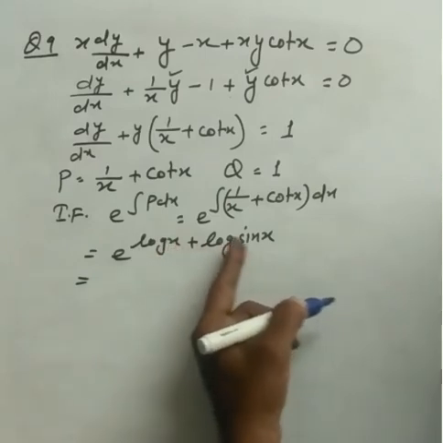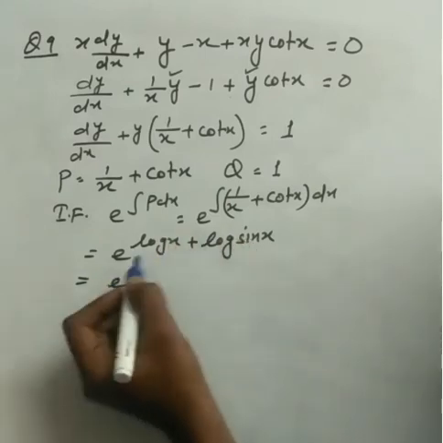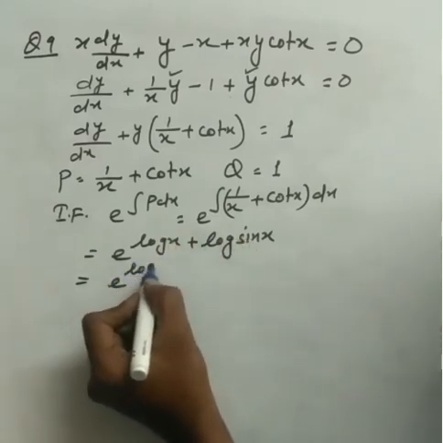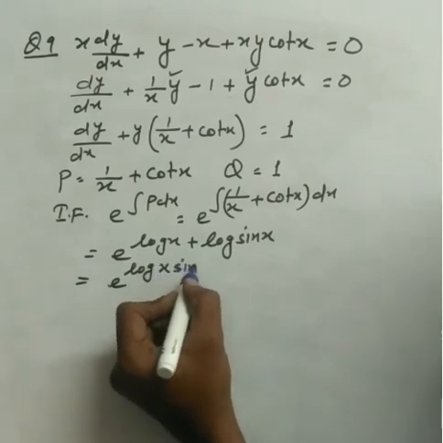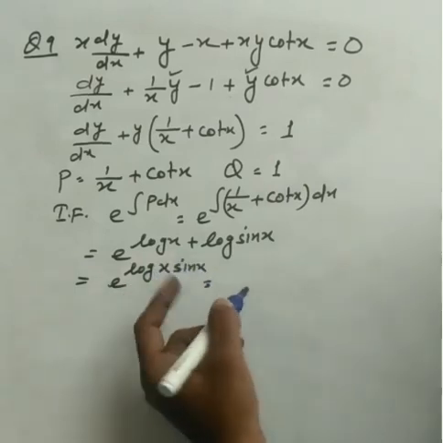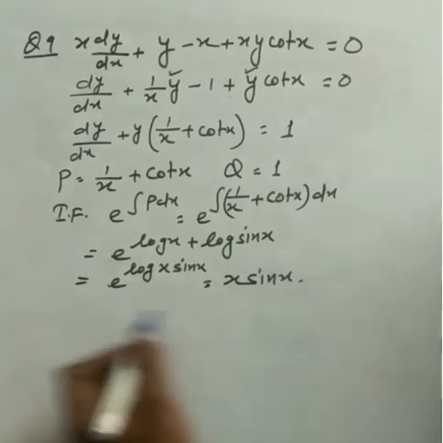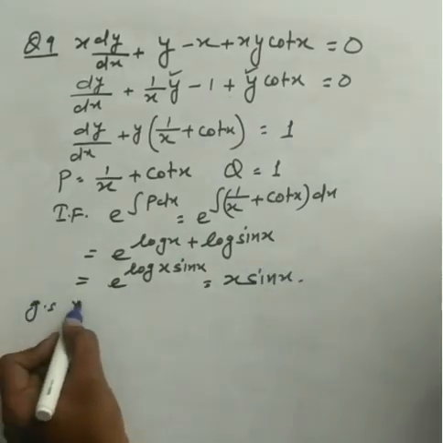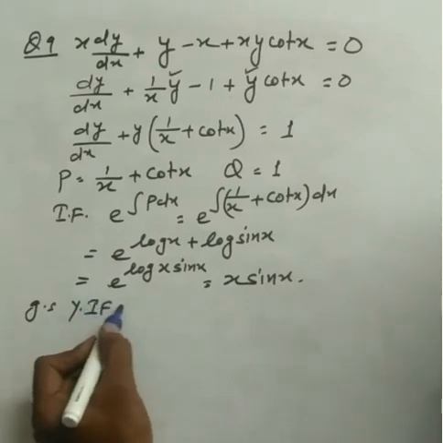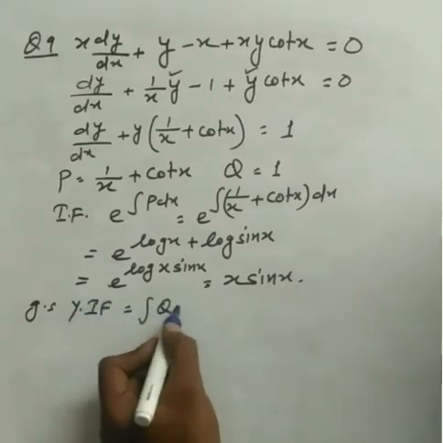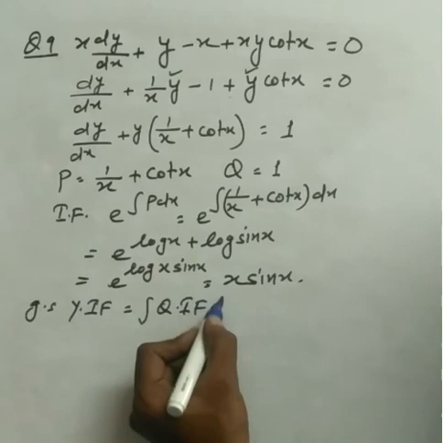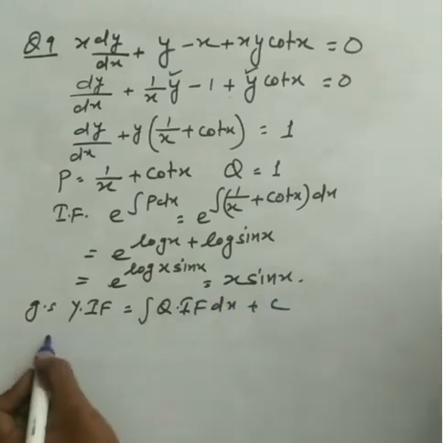Here log a plus log b is log of a into b. So log of x sin x. By property of logarithm, it is equal to x sin x. Now general solution. Y into IF equals integration of q into IF dx plus c.